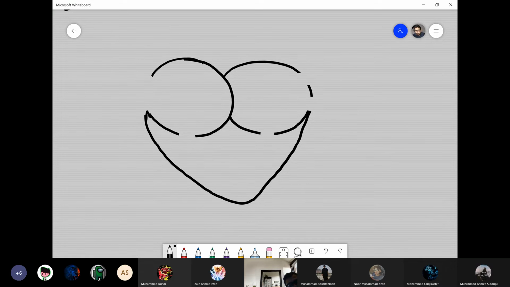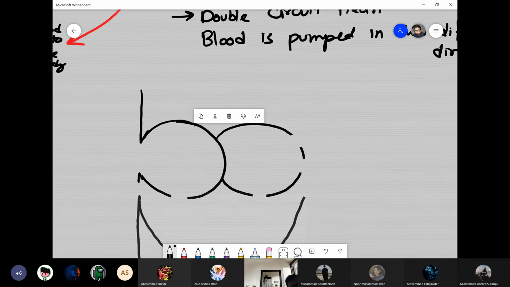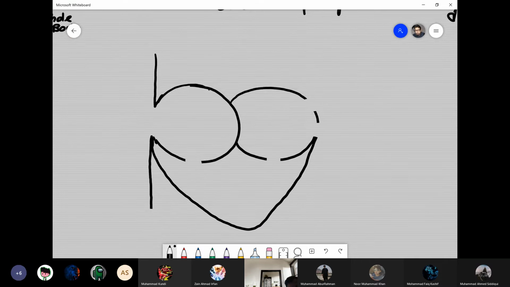Next step, you draw a line down here like this, and a line down over here. Next, you draw a parallel line, and like this.